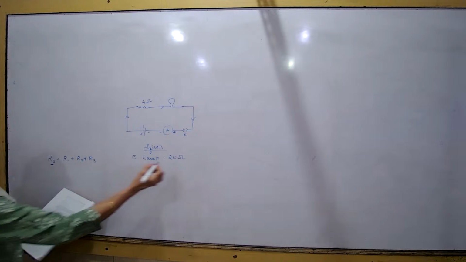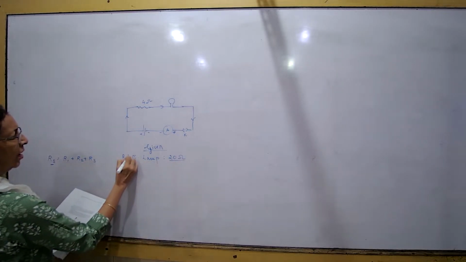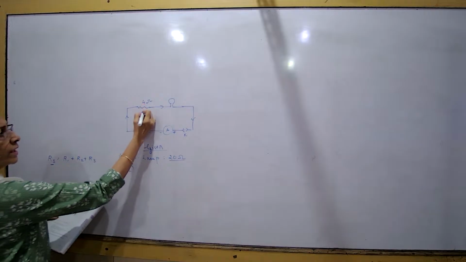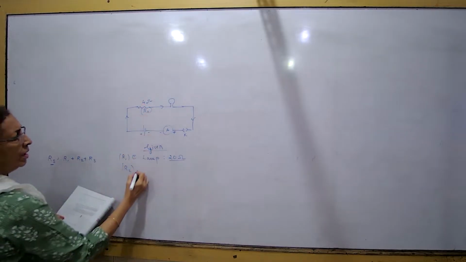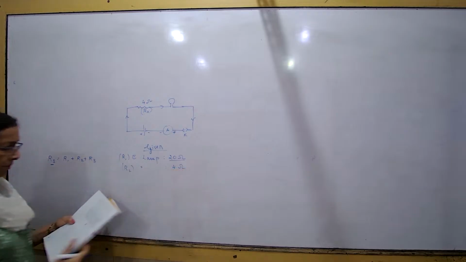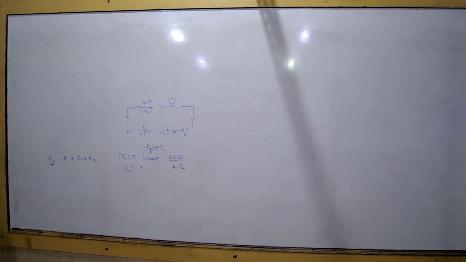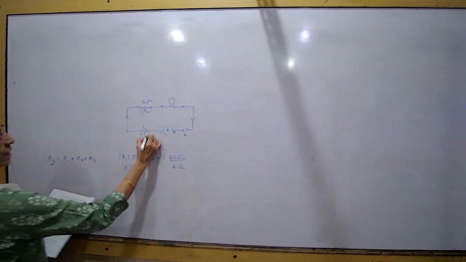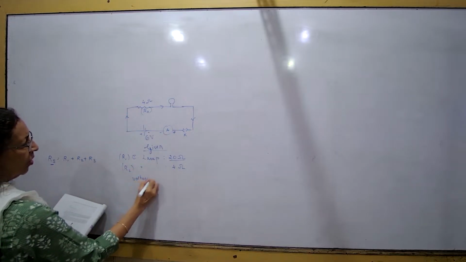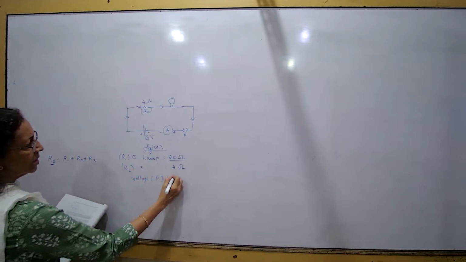So we can take this as R1 and there is another resistor which we can call R2. The resistance is given as 4 ohm. They are connected to a 6 volt battery. So your potential difference, or voltage, is 6 volt.